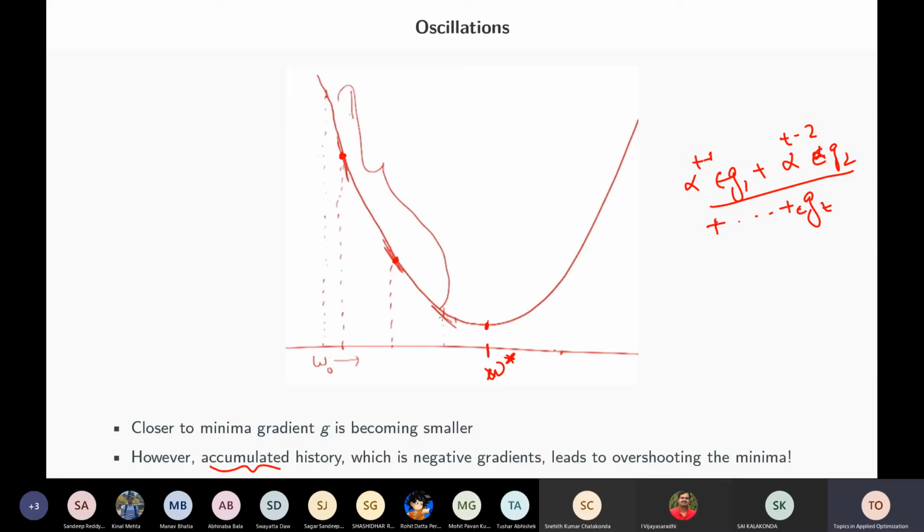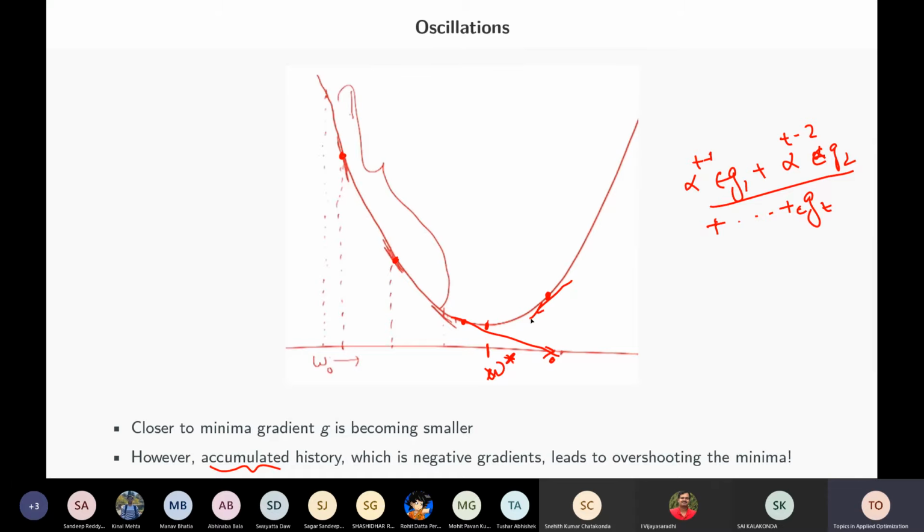Okay, so if I take a very big step size, let us say I'm here. The gradient is pointing in this direction, and if I took a very big step size, then I will end up here. So I overshot the minima. Then I will compute the gradient again, and the gradient will pull me back. It will say that the minima is somewhere here, again I have to go this direction.